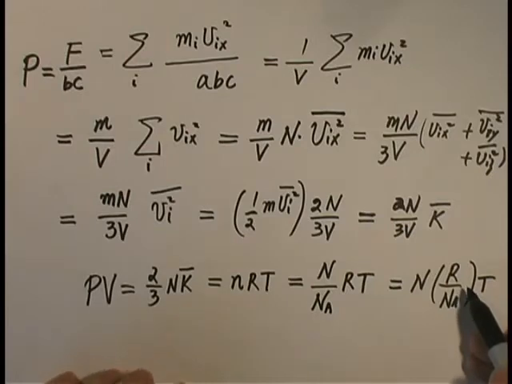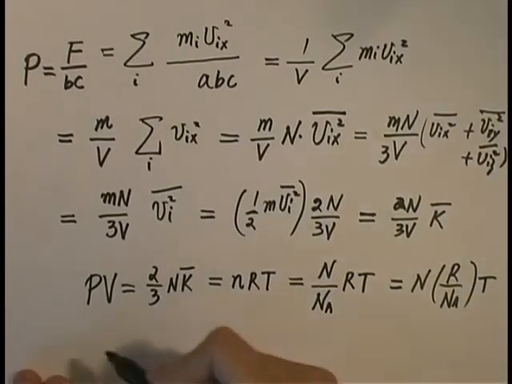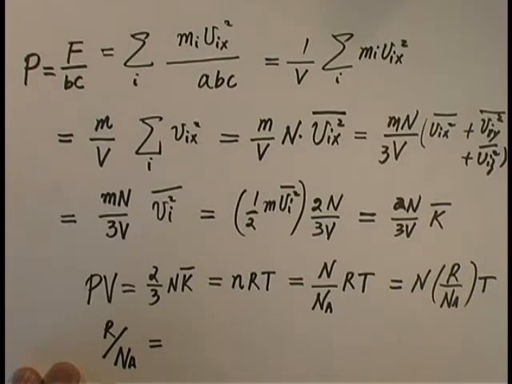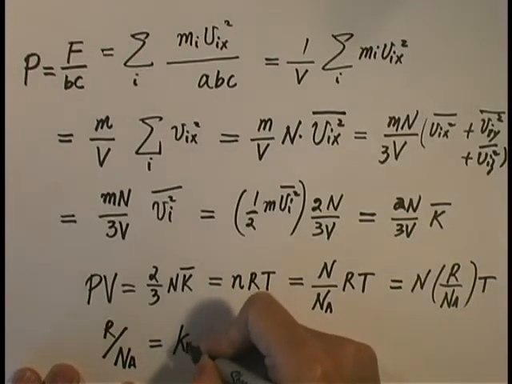R is the so-called ideal gas constant, universal gas constant, and Na is Avogadro's number. This R over Na, we have a special name for it. It is called the Boltzmann constant, Kb.